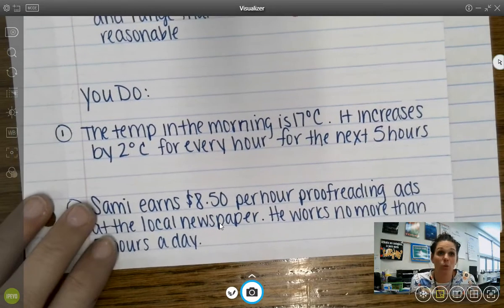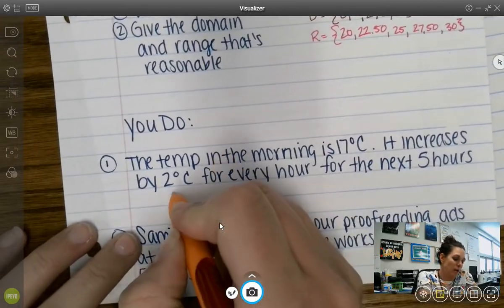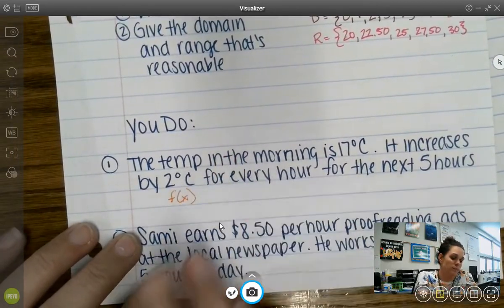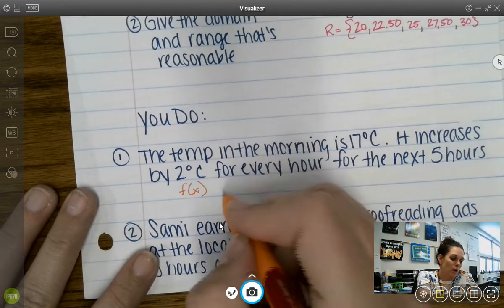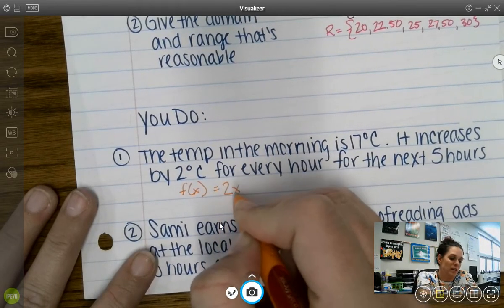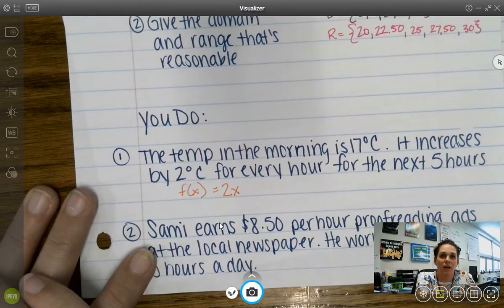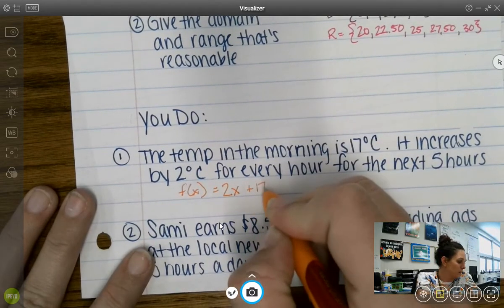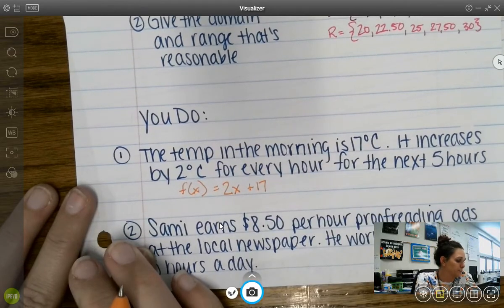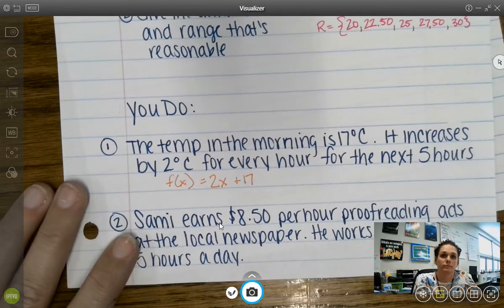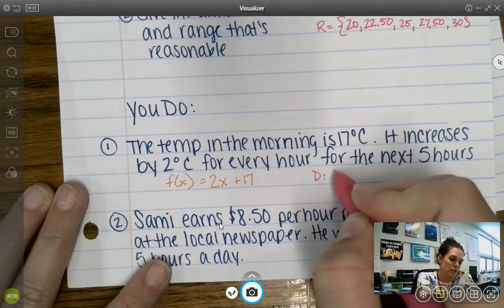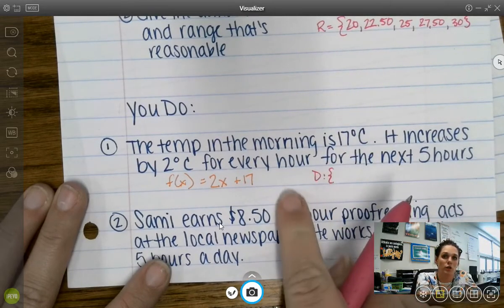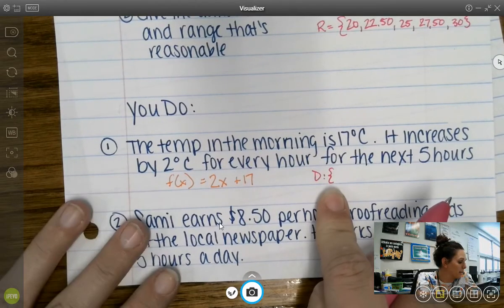All right, let's see what you get. All right, so let's create our function rules to start. So f of x, and then we have a 2-degree input, 2 degrees every hour, and it is already 17 degrees outside. All right, we have 5 hours passing, so my domain, make sure you're using your set appropriately.